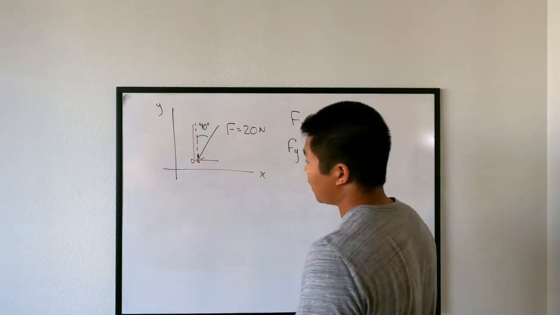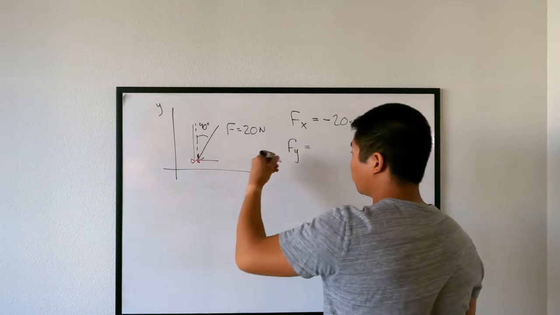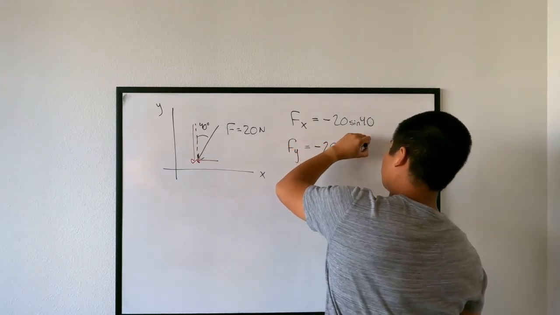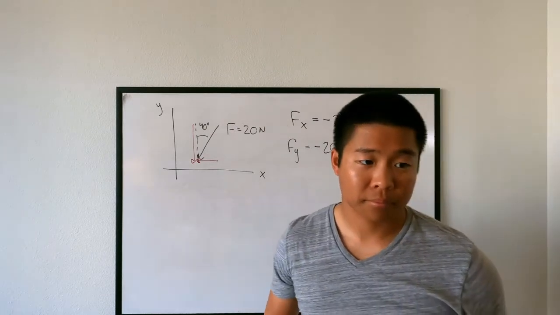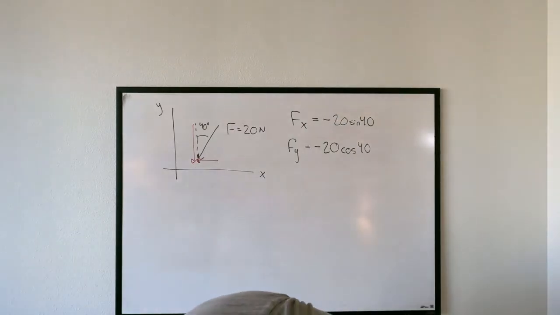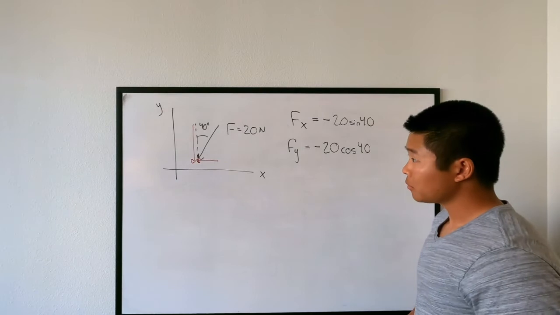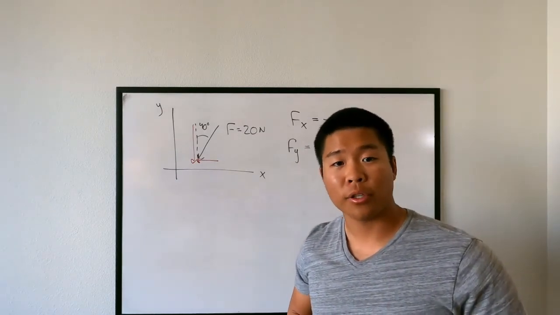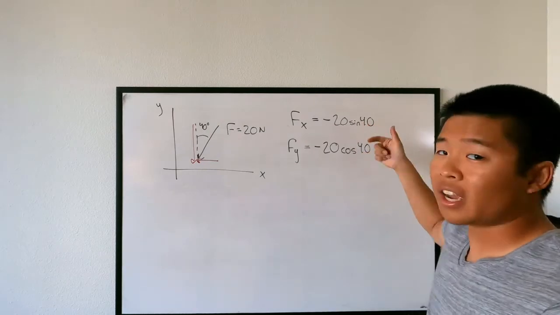This I drew pointing down, in the negative y direction, so it will be negative 20 times cosine of 40. We have to be very careful when we do this because the placement of the angle is going to determine which one's sine and which one's cosine.